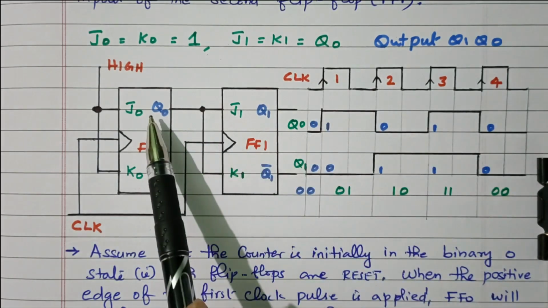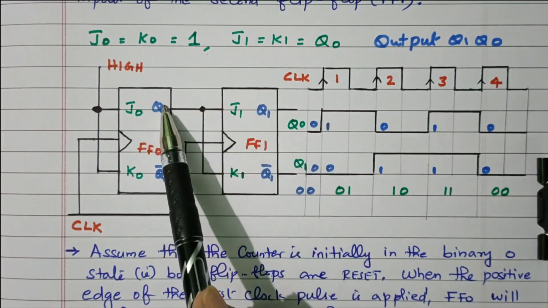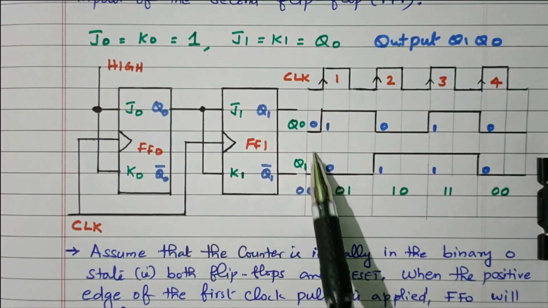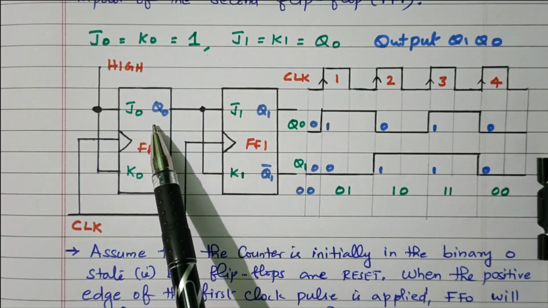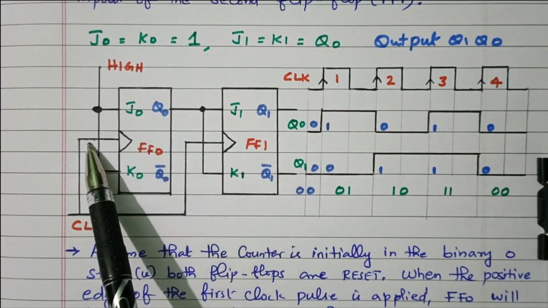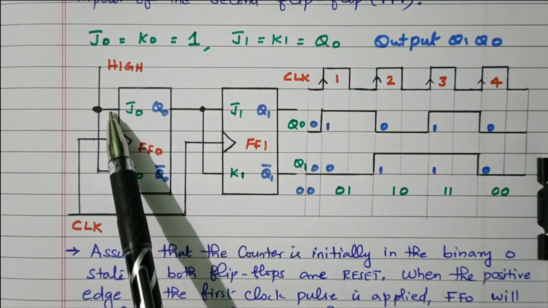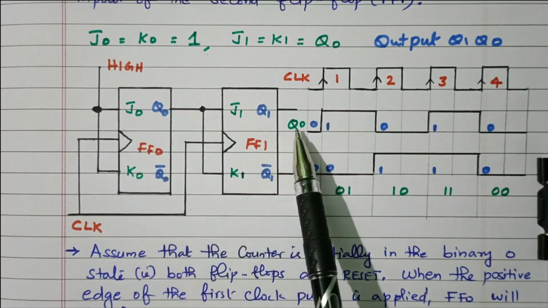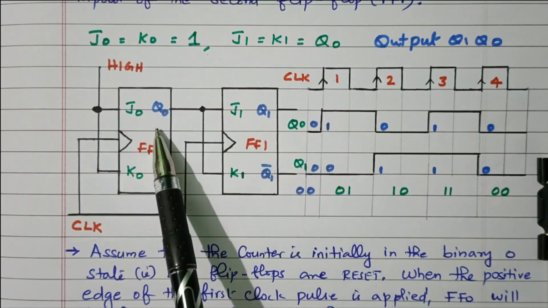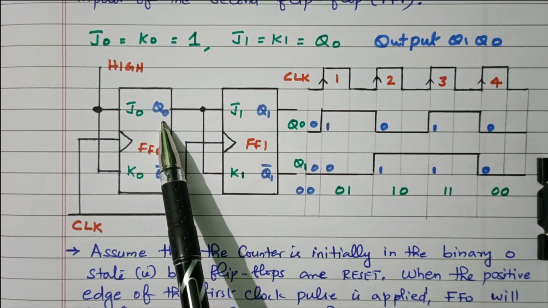Initially Q0 is 0 and Q1 is 0. Both outputs are reset, 0, 0. So the flip-flop receives the clock pulse, and the inputs are high, so the flip-flop output will toggle.